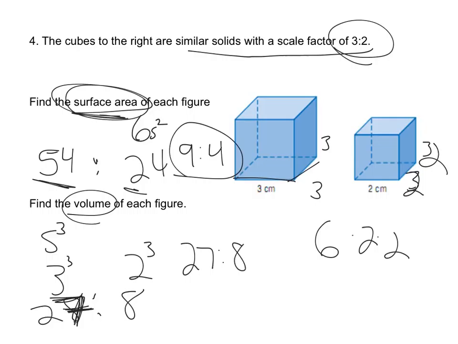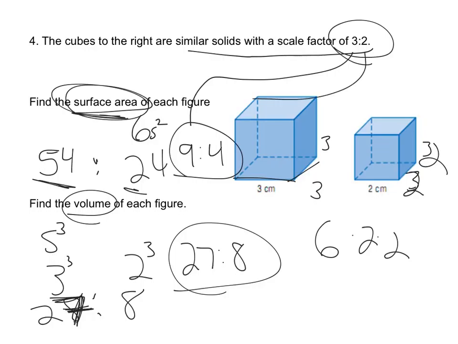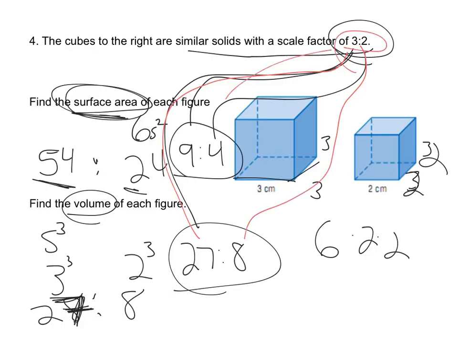But notice something here: 3 squared is 9, 2 squared is 4, 3 cubed is 27, 2 cubed is 8. Notice that: 3 to 2, 3 to 2 squared, 3 to 2 cubed. Take a look at that.